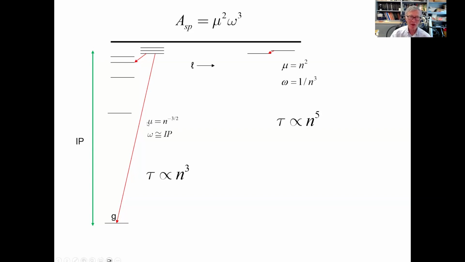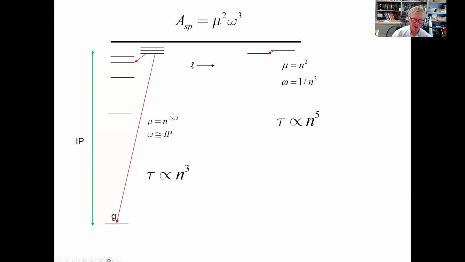There is a dependence on n of the electric dipole moment, because the electric dipole moment between this G state and some high-lying state is completely localized in the region near the origin. Okay, it's where the G state is. And so as a result of that, that matrix element simply reflects the normalization of the excited state wave function at the origin.